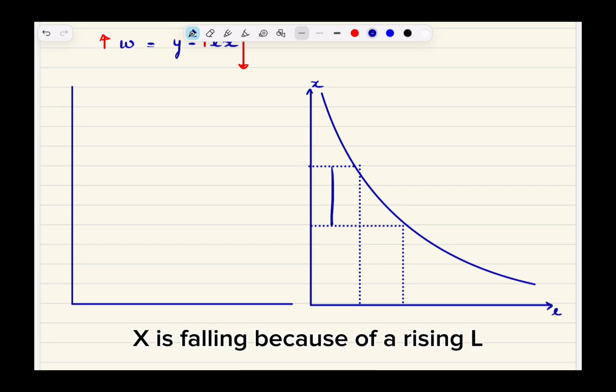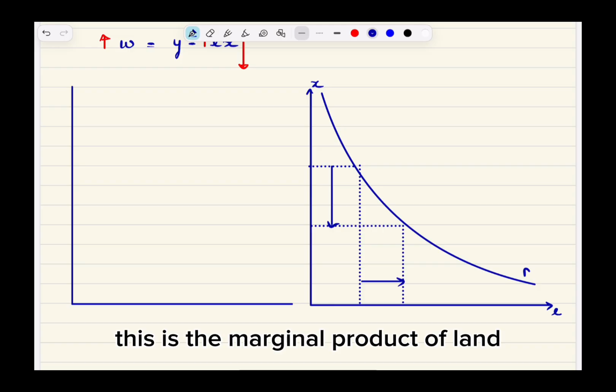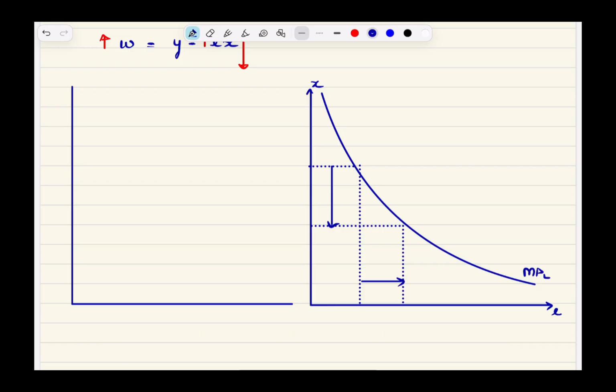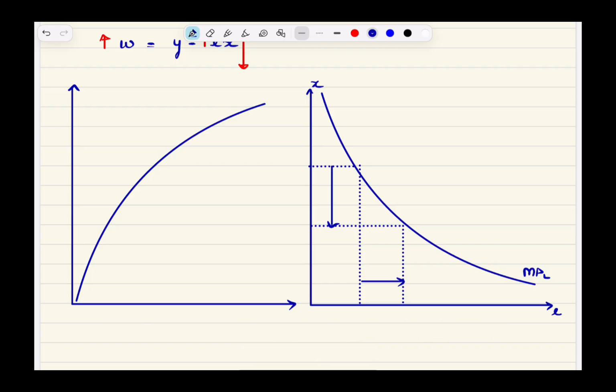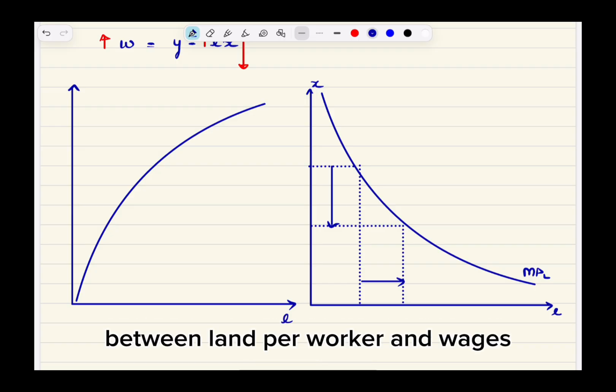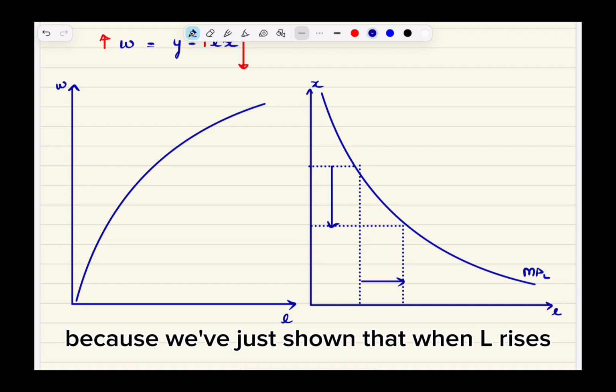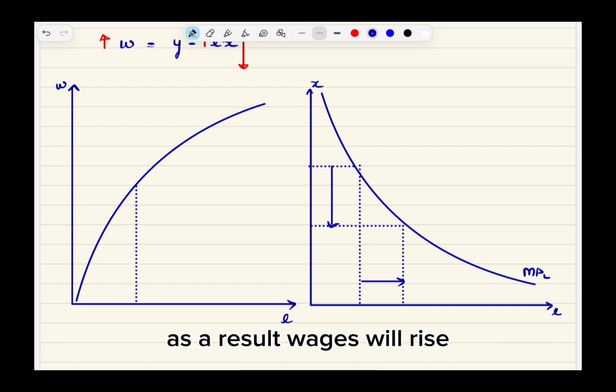X is falling because of a rise in L. This is the marginal product of land. And now we have a positive relationship between land per worker and wages, because we've just shown that when L rises, as a result, wages will rise.